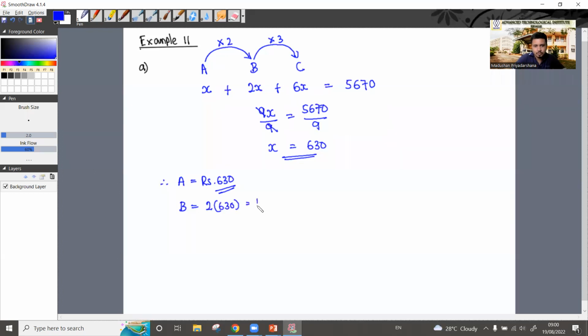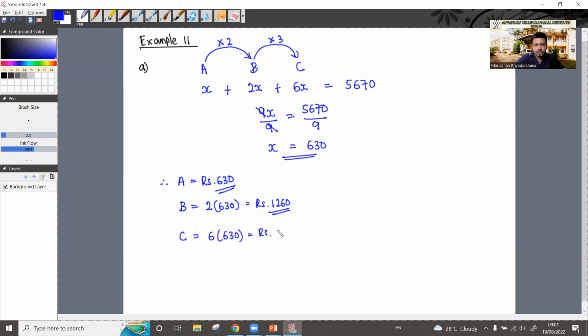So that is in rupees here. 630 into 2, that is 1,260 rupees. C should get what? An amount worth of 6x.